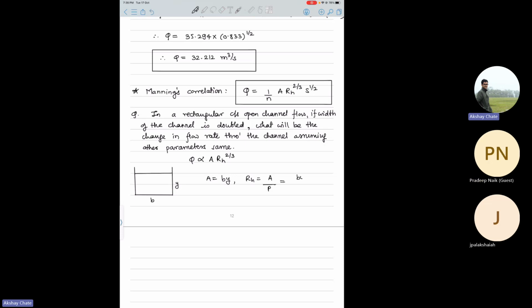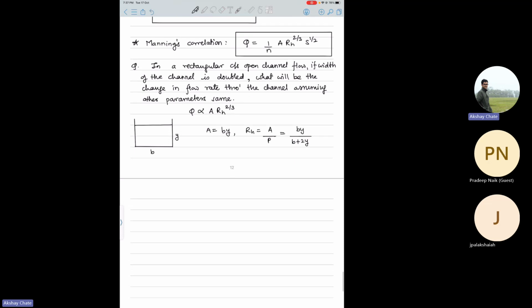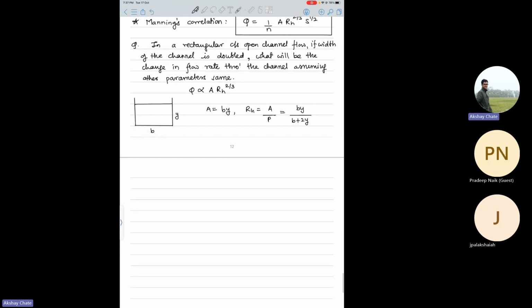So this will be by divided by b plus 2y. So therefore Q is proportional to the by into Rh power 2 by 3, right? So by over b plus 2y, power 2 by 3, correct?